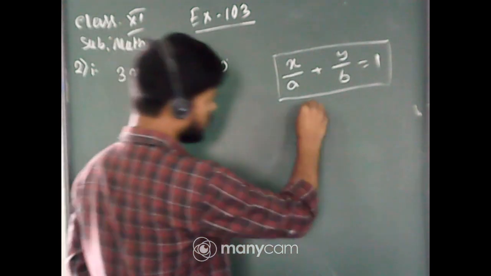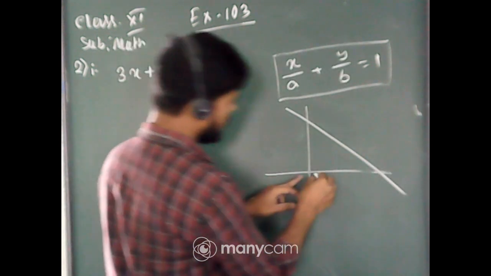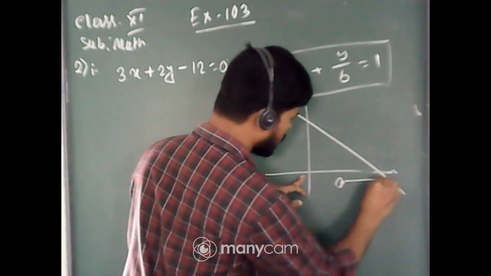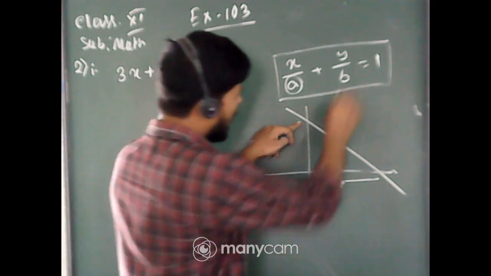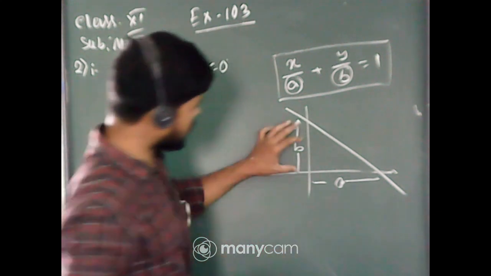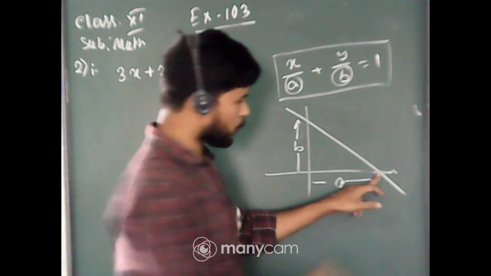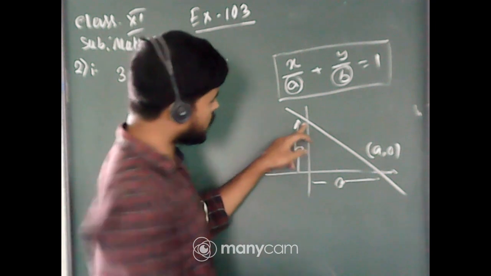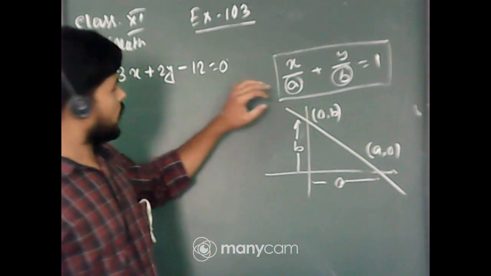This is the intercept form of a straight line. If you draw the straight line like this, it intercepts the x-axis at a distance a from the origin, and it intersects the y-axis at a distance b from the origin. The coordinate of this point will be (a, 0) and the coordinate of this point will be (0, b).